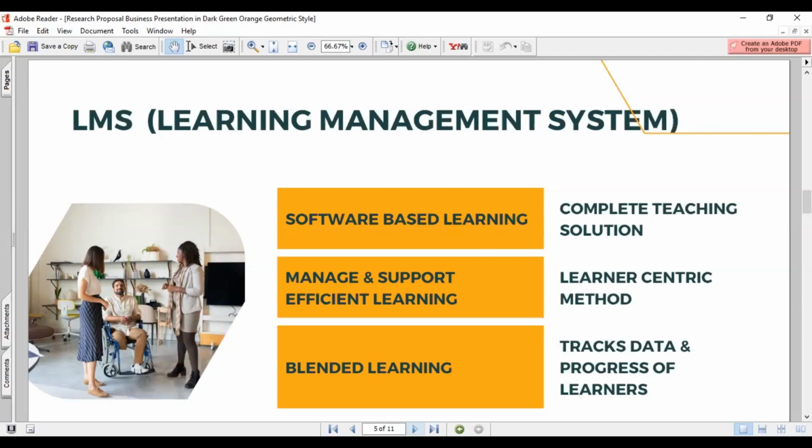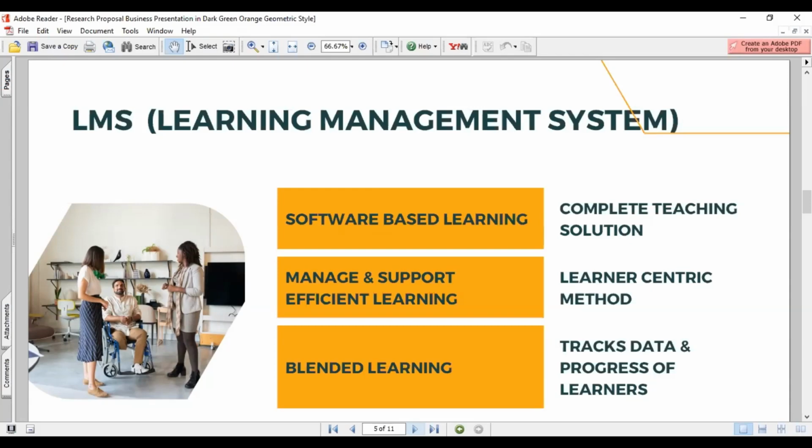It is software based. It helps us to manage and support efficient learning. It helps us with the blended learning module, in which it is both offline and online. In the offline classroom, all the materials are there, with videos and audios and practice questions and so on.